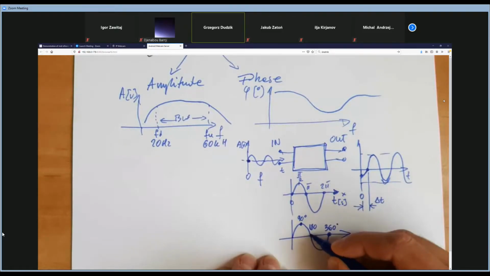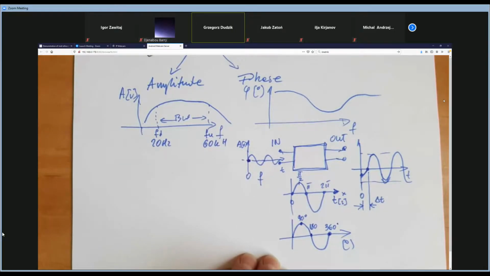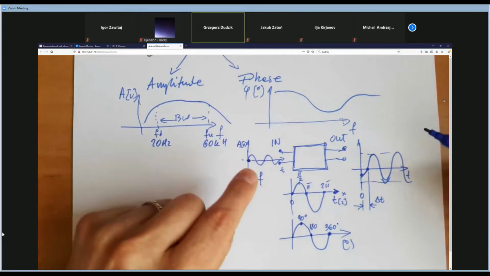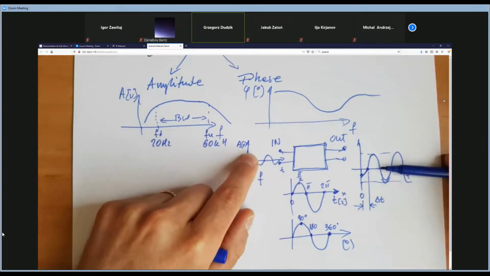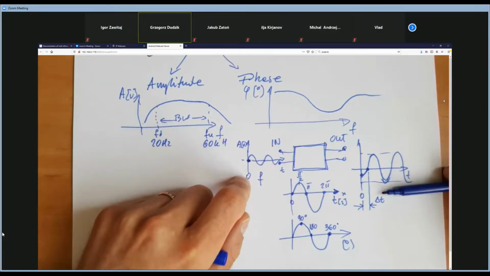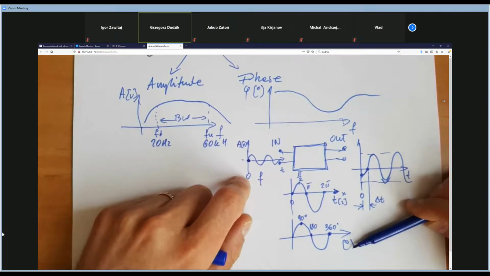Yeah. So look, coming back to the input and output signal, we can represent the delta t, so this time delay, using the angle. Yeah, it is possible.